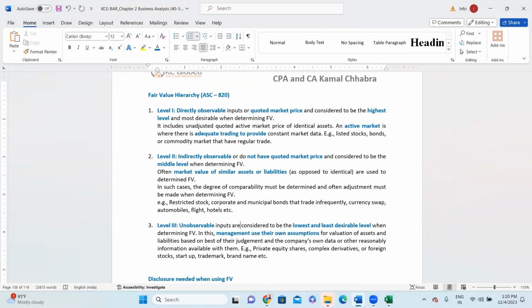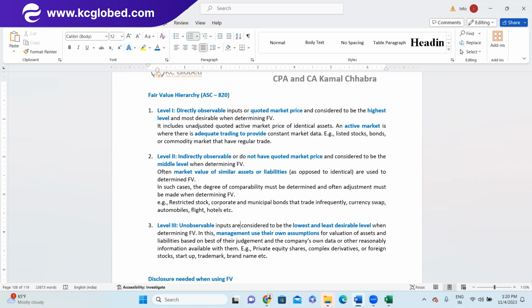But most of the companies, especially startups and MSMEs, who do not have an active market for level 1 or do not have similar or identical assets like level 2, are using this method only, that is called the unobservable method, right? So how do they need to do the valuation in the unobservable method?